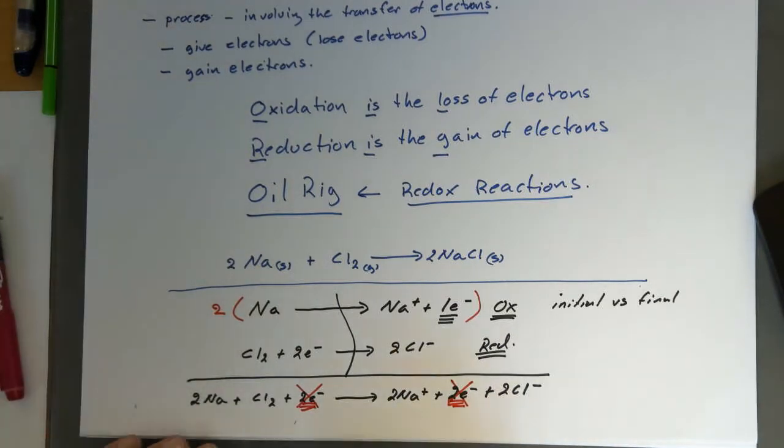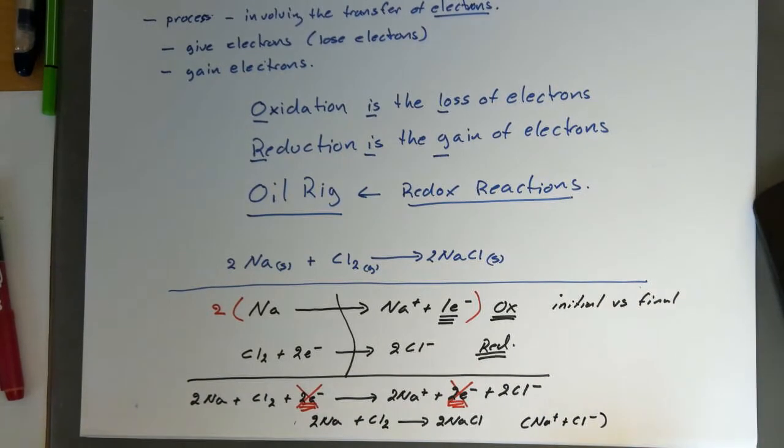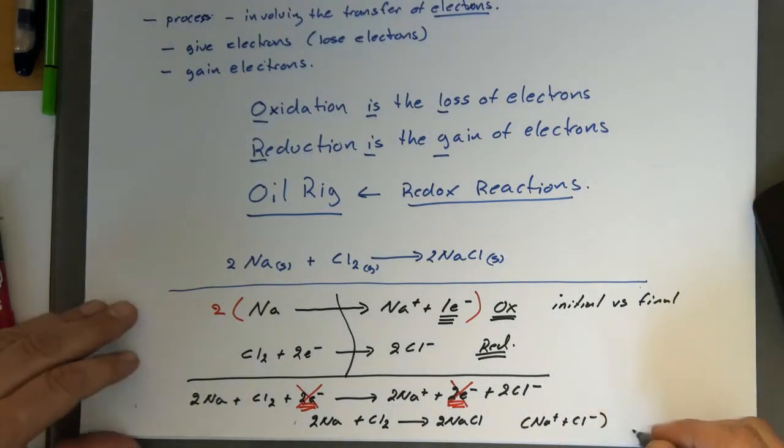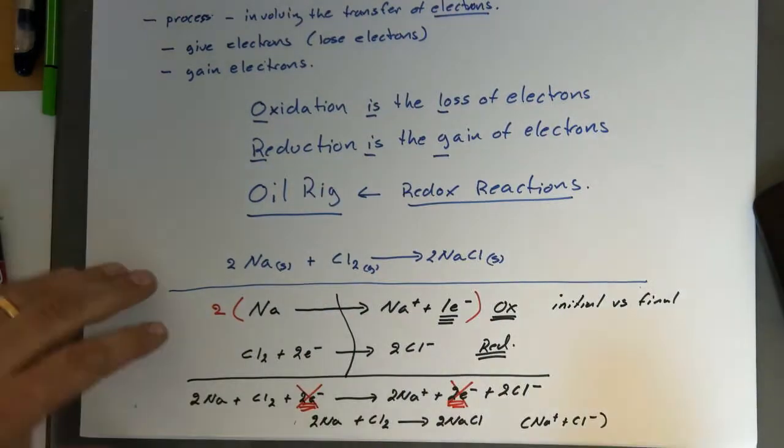And we get a chemical reaction that looks like the one we started with, which is 2Na plus Cl2 makes 2NaCl, where we know that this is Na+ Cl- as such. So this is the kind of conceptual thing that we have to work with now.